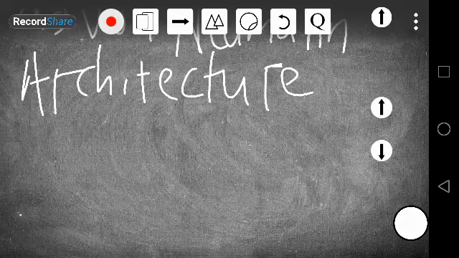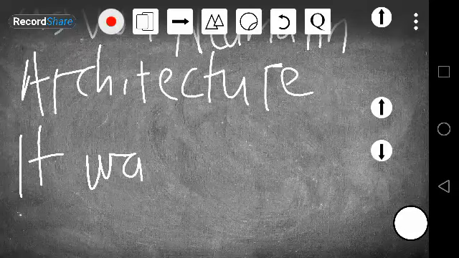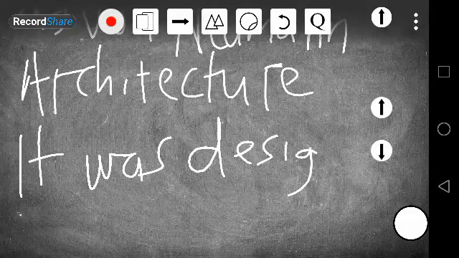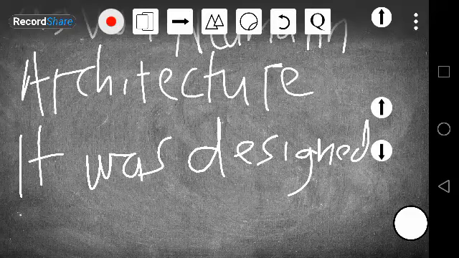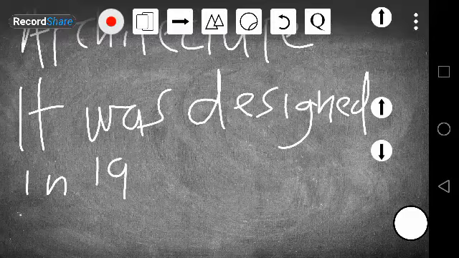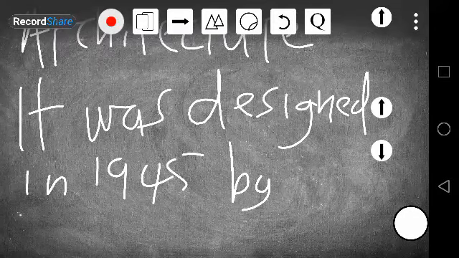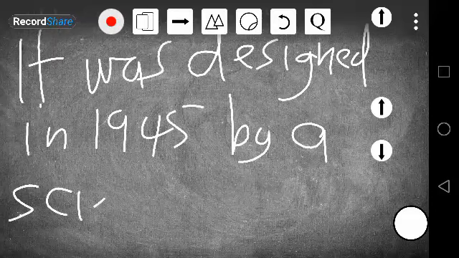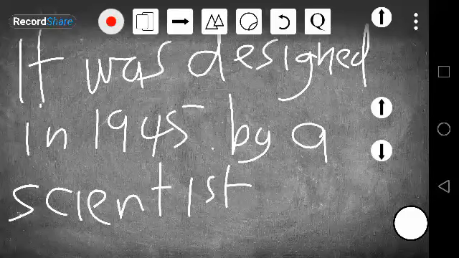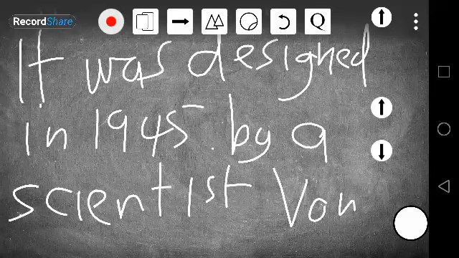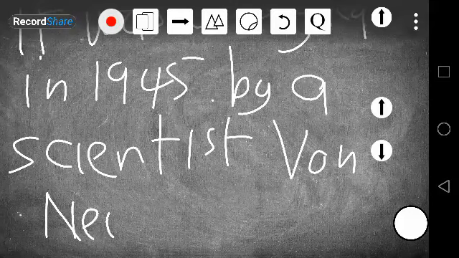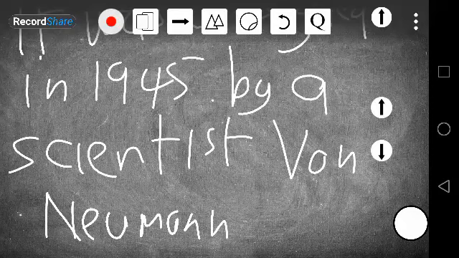Now, von Neumann architecture was designed in 1945 by a mathematician and scientist known as von Neumann. So the guy was called von Neumann.